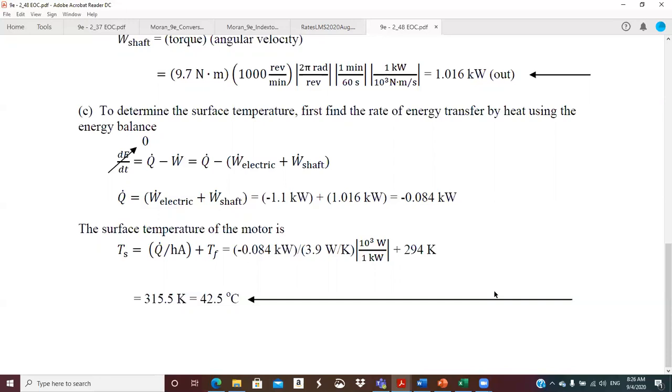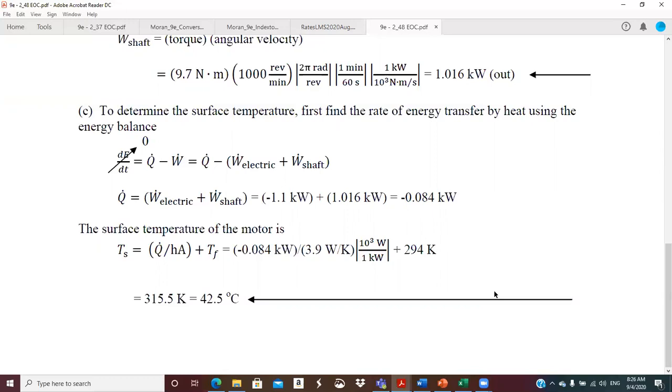Okay, well, since dE dt is 0, you can bring the work term to the other side of the equation. And so you get the net rate of heat transfer is equal to the net rate of work for the control mass. We've got a work term for the electric energy coming in, and a term for the shaft work or the torque work going out.